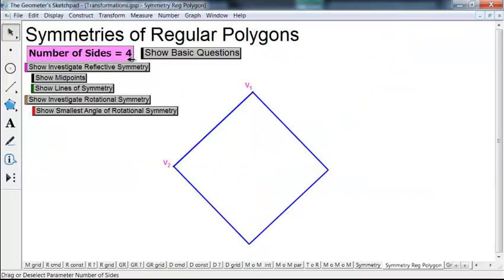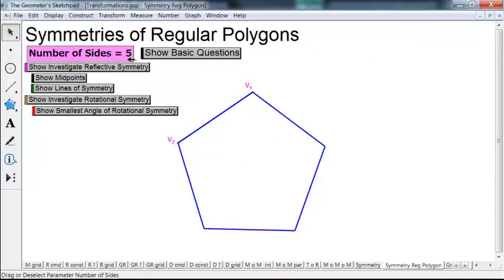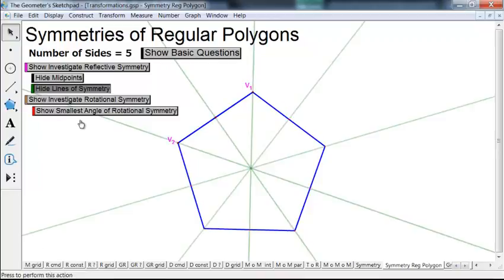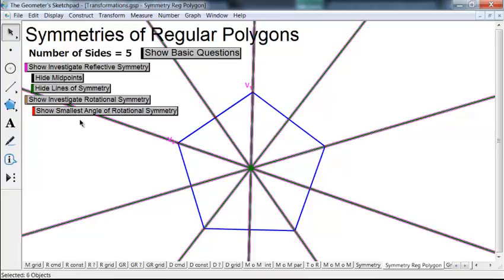What if we go up to 5 sides? You start to see there's a difference in even and odd. There are our midpoints. Lines of symmetry go through a midpoint of one side and the opposite vertex, like that.